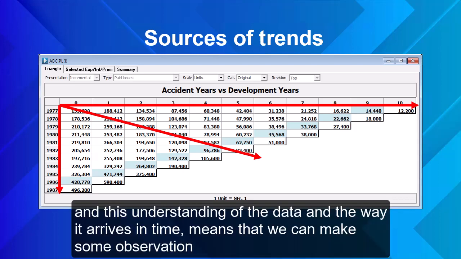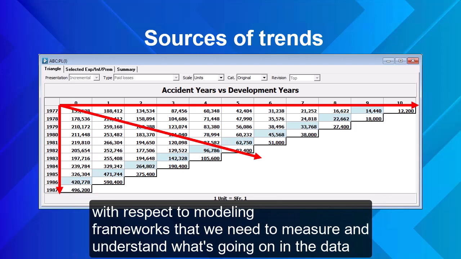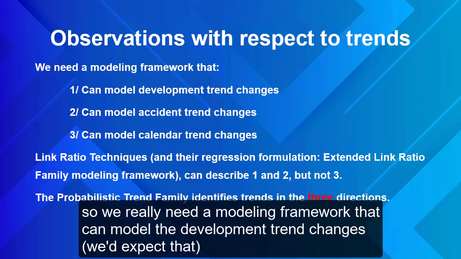And this understanding of the data in the way that it arrives in time means that we can make some observations with respect to the modeling frameworks that we need to actually measure and understand what's going on in the data. We really need a modeling framework that can model development trend changes. We'd expect that, especially going to the right of the triangle.